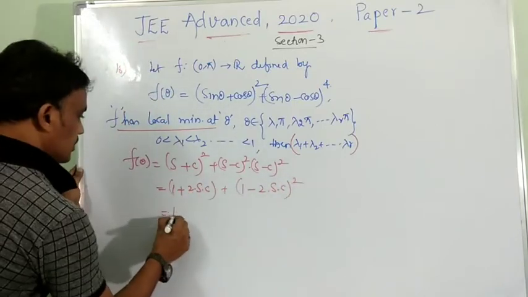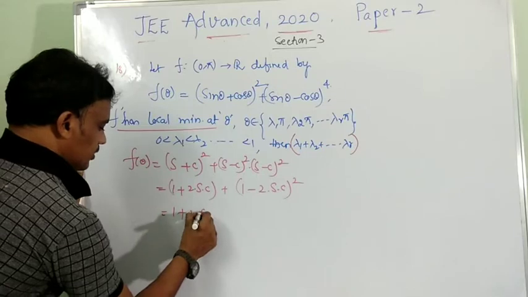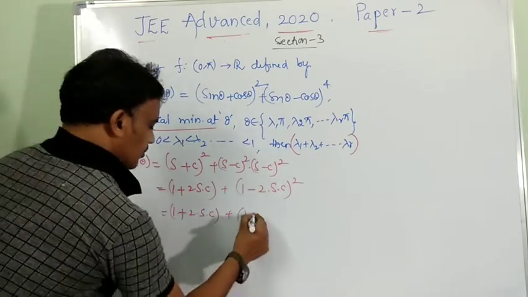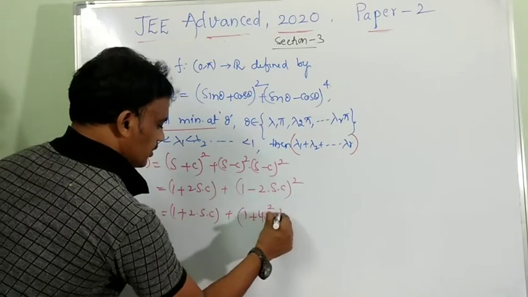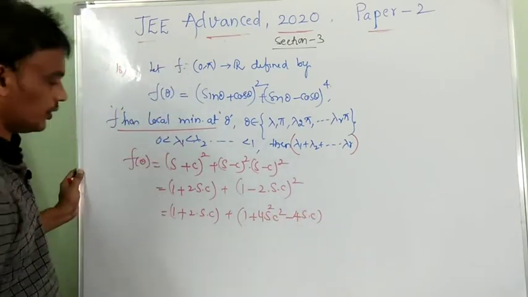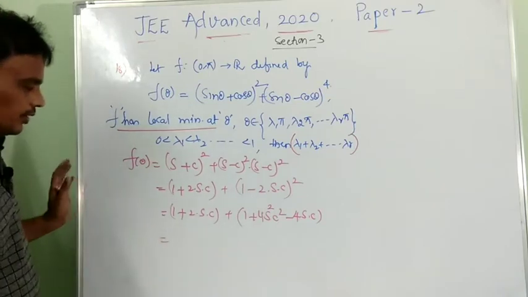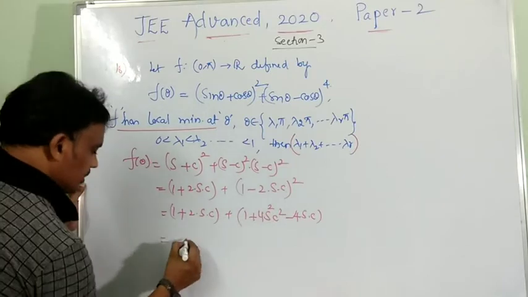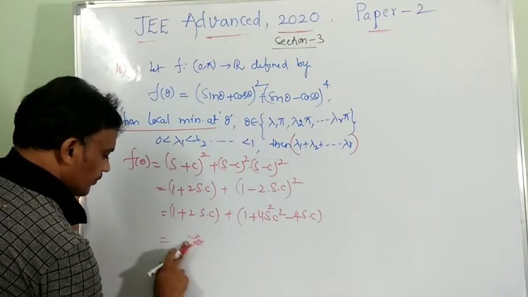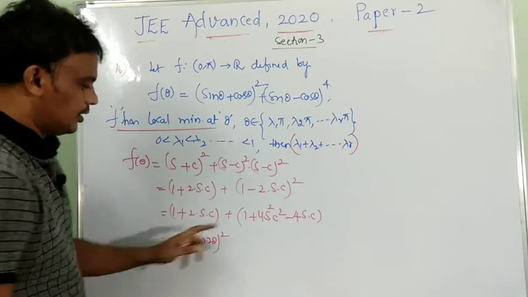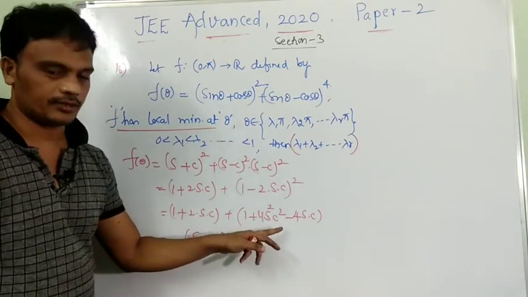This is 1 plus 2 sin cos plus, and again squaring. This is 1 plus 4 sin square cos square minus 4 sin cos. So this is 4 sin square cos square, which can be written as sin 2 theta whole square.